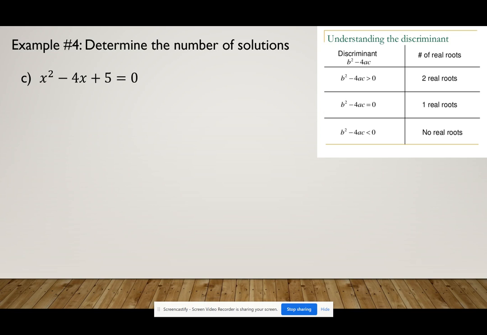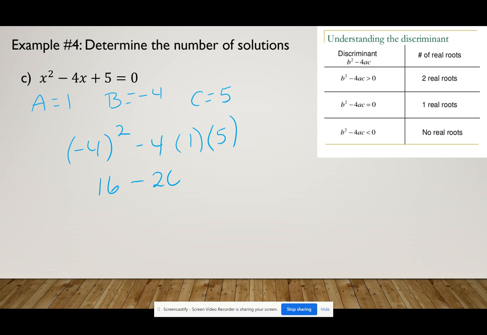Okay, in example 4c, a equals 1, b equals -4, and c equals 5. Okay, again, I substitute in, same thing. So b squared would be -4 squared minus 4 times 1 times 5. -4 squared is 16. -4 times 1 times 5, that gives me -20.